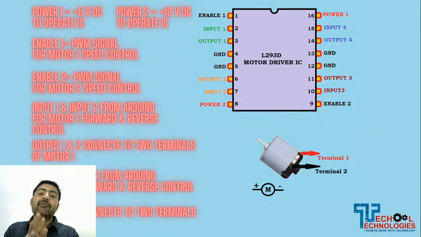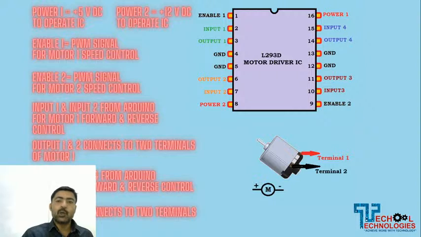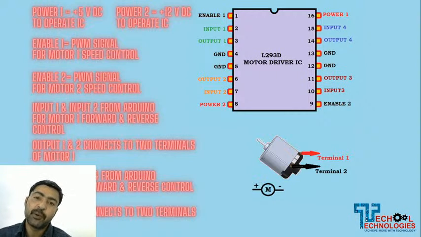So whenever we have to drive bigger devices, let's say motors, or if we have so many devices connected with Arduino, then we need to power all the devices separately. Otherwise, you may damage your Arduino board.